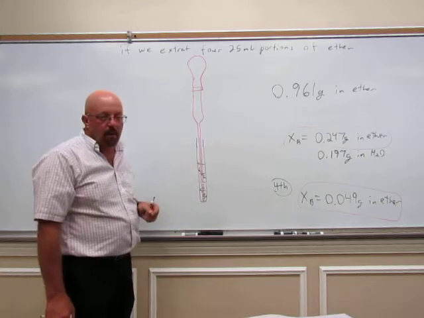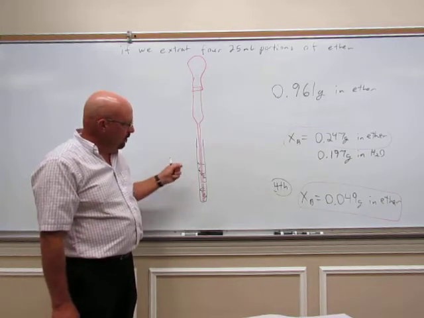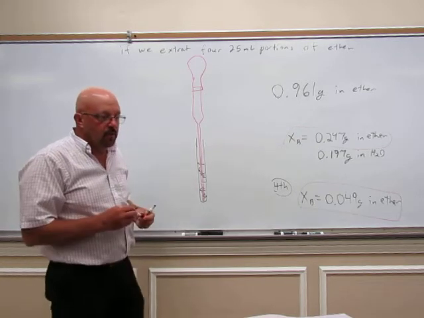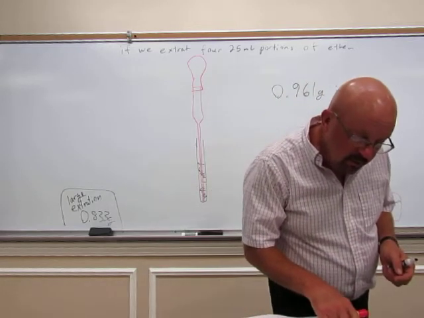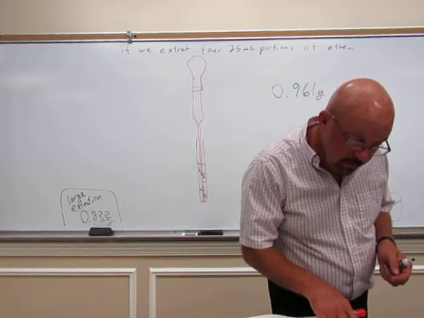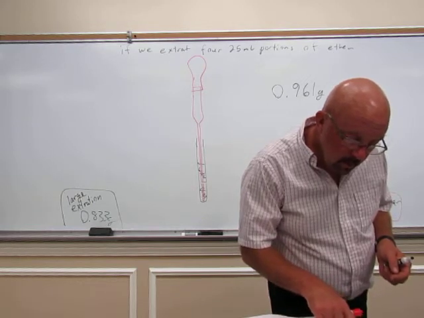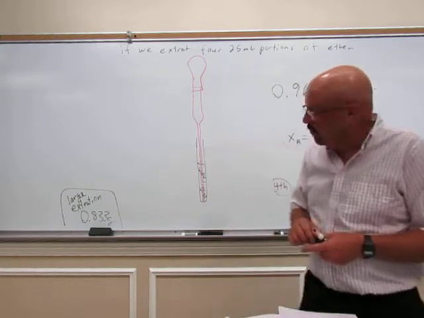You don't want the water layer. So if you do that, suck it all up, the dichloromethane layer, leave the water layer in there. We'll transfer that to another reaction tube, and then we'll dry it.